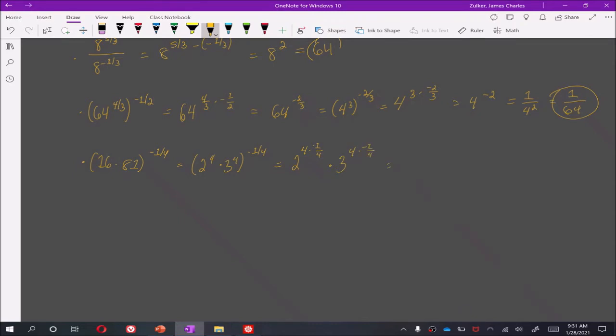So this winds up being 2 to the minus 1 times 3 to the minus 1, which we can write as 2 times 3 to the minus 1, which is 6 to the minus 1, which is a sixth.